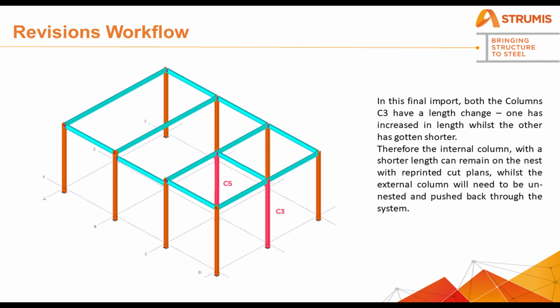Now, the complication that we've put in place with the nesting means that we're going to have to handle the variables in the cut plans. The C5, because it's a shorter length, could remain on the cut plans. Obviously, we now have more material in our offcut. However, with the other C3 that's being made longer, that might now nullify my cut plan.